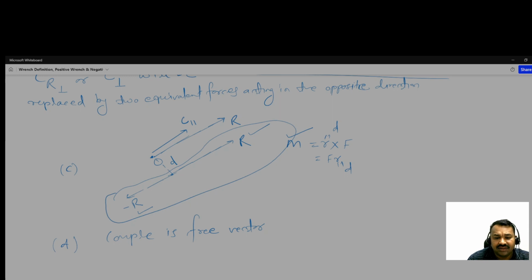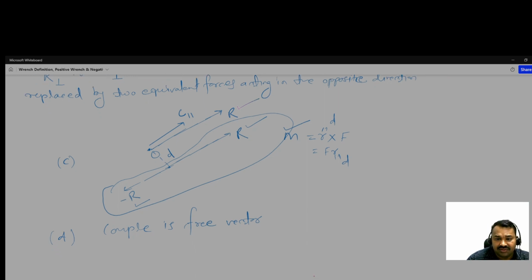The reason is to cancel out the original R. Okay, so in the fourth stage, as the couple is a free vector, this can be represented.